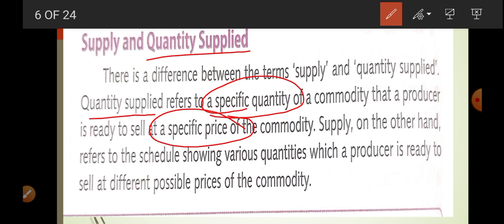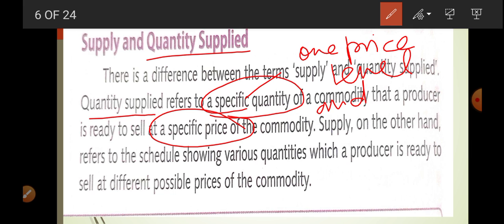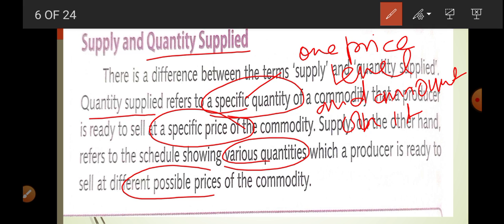Specific means related to one price level and the amount on it. On the other hand, supply refers to various quantities at different possible prices.